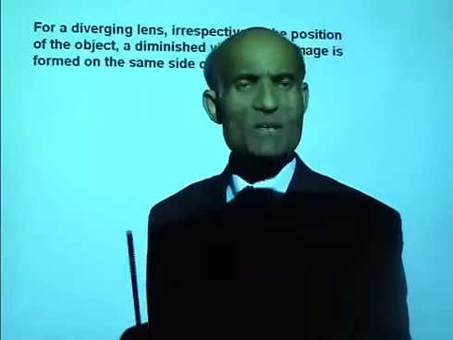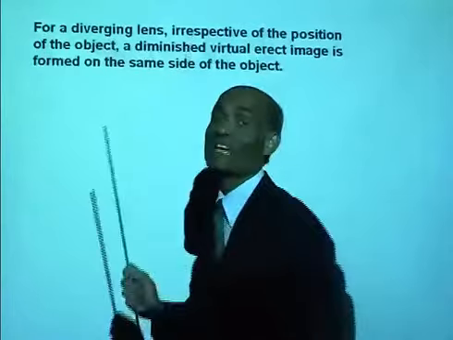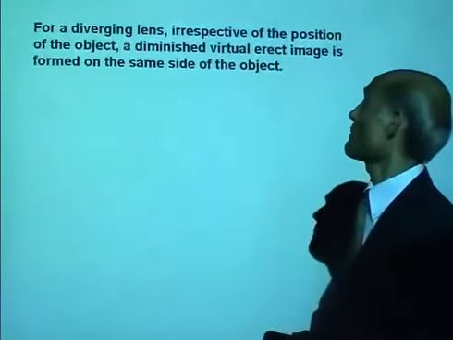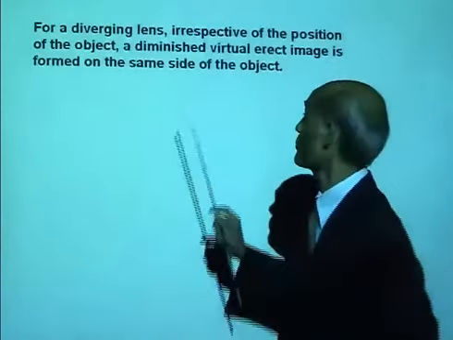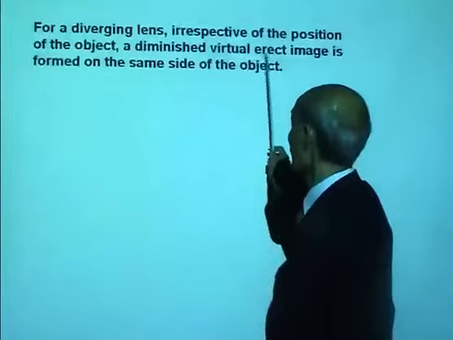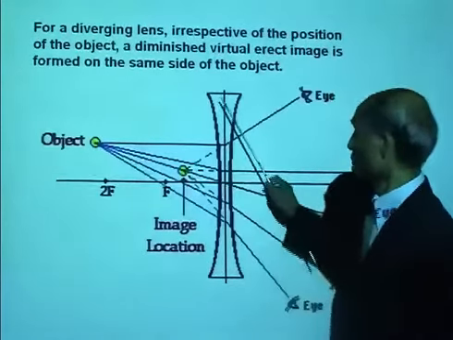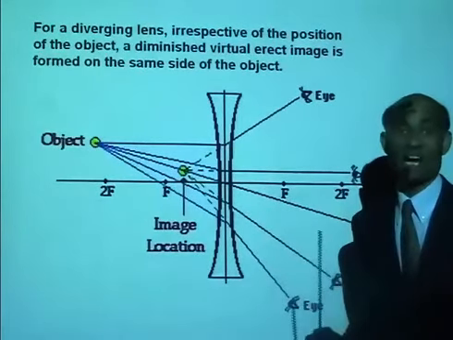Now, what kind of image is formed by a diverging lens? Irrespective of the position of the object, a diverging lens always forms a diminished, virtual, erect image. Now, this is the kind of image that is formed by a diverging lens.